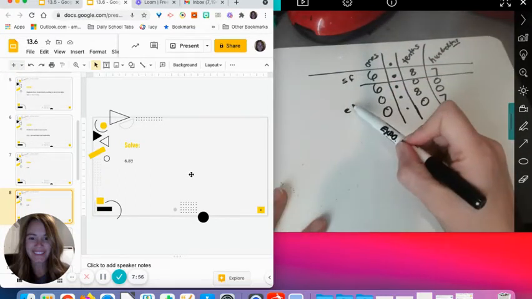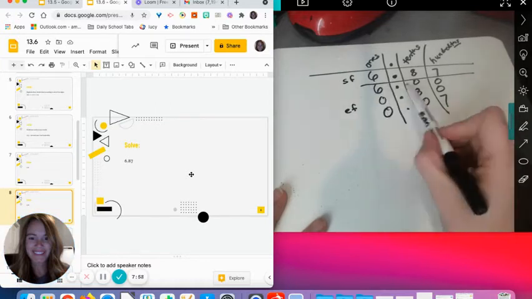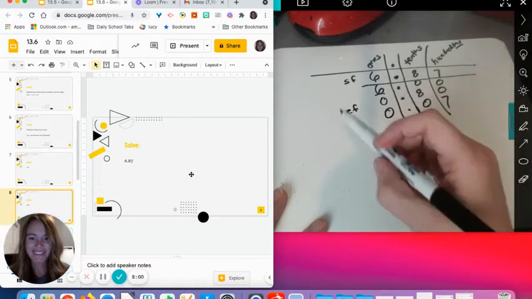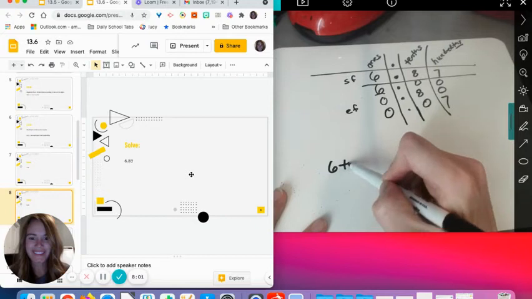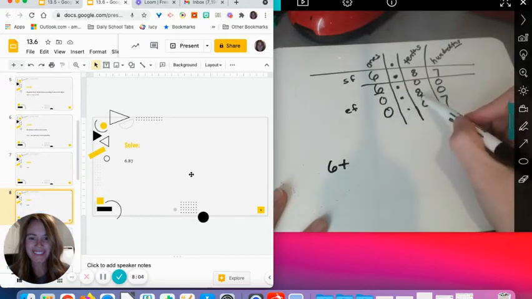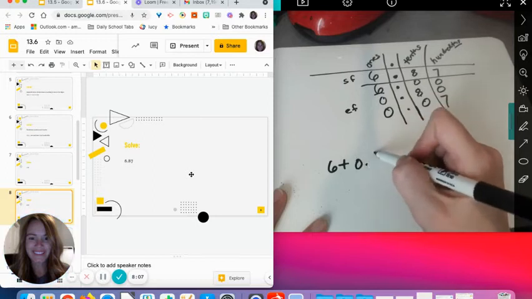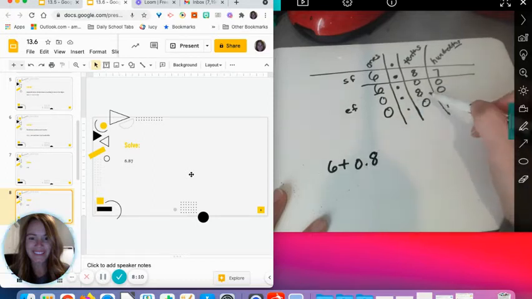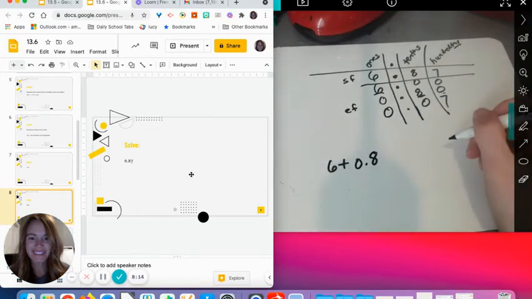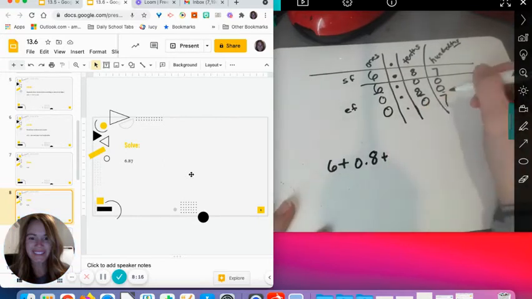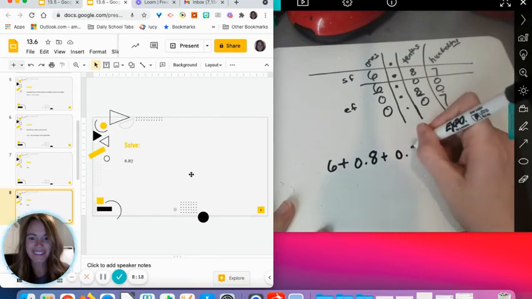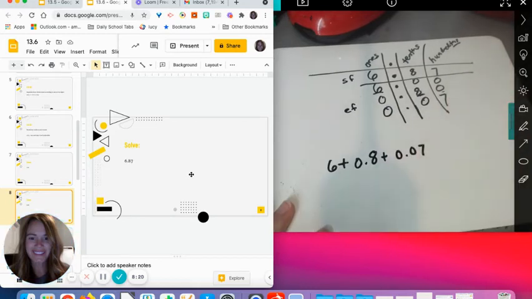Now let's look at our expanded form. What we have here is we have 6 wholes plus we have 0.8 tenths. We could put 8 tenths or 80 tenths. Plus 0.07 hundredths.